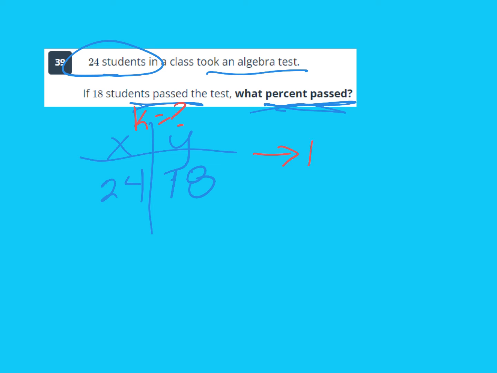So I need to divide 18 by 24. That equals 0.75. I need to change that to a percent. I move the decimal 2 places. Equals 75% passed.